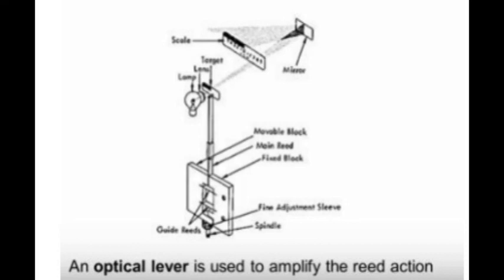When the top end of the reed swings in this fashion, the reflected light will also move on the scale, and hence we can note down the displacement of the spindle. In this case, the magnification is obtained by the length of this vertical reed, and further magnification is obtained by this optical arrangement.